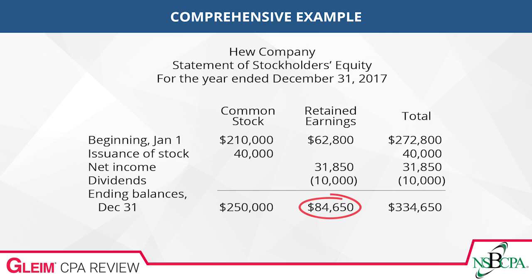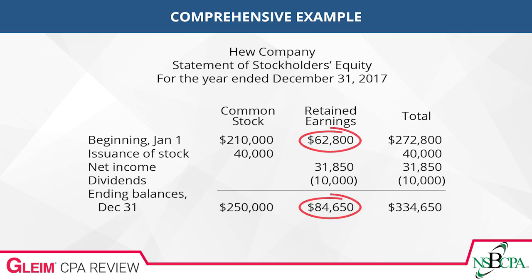I must admit, this is the most common mistake my students make on their exam when I ask them to prepare a balance sheet. Many of them would use the $62,800 figure from the trial balance, but that is the beginning retained earnings. Luckily, my students know that the balance sheet we are about to prepare must balance.